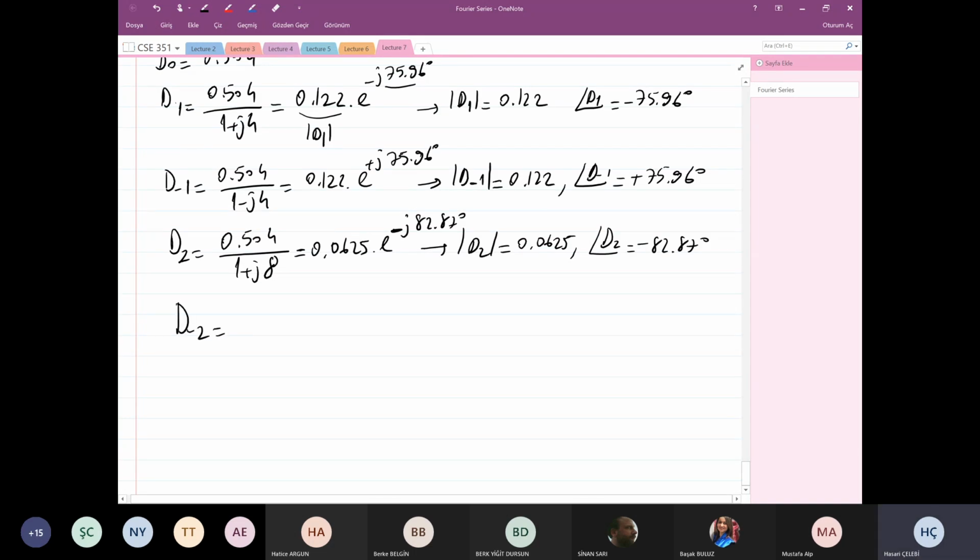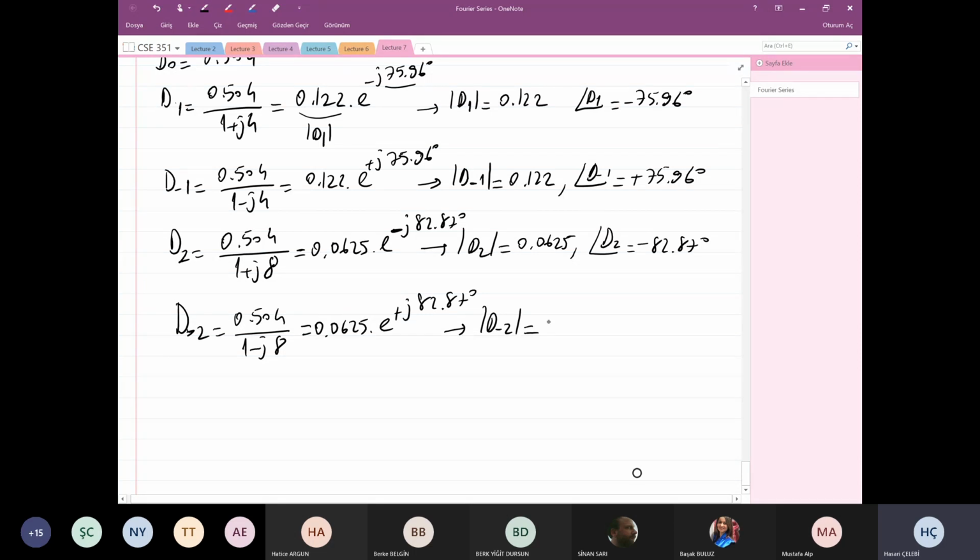And for n minus 2, D minus 2 is equal to a similar result, except 1 over 1 minus j8, which is equal to this. The sign is different, 82.87.